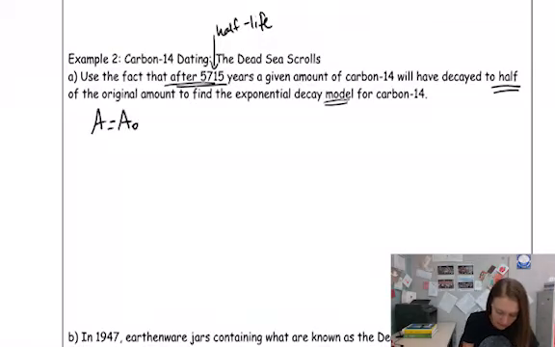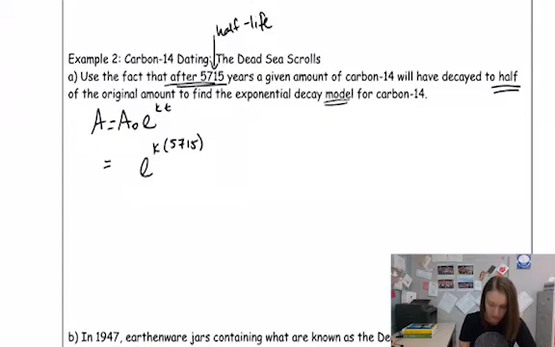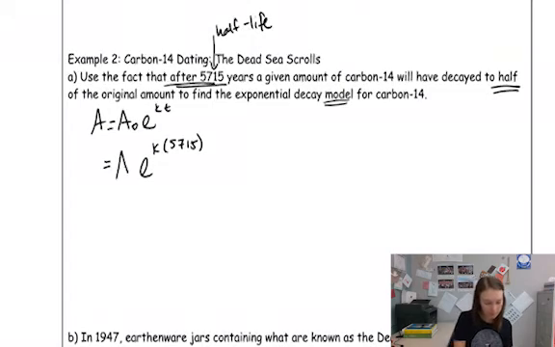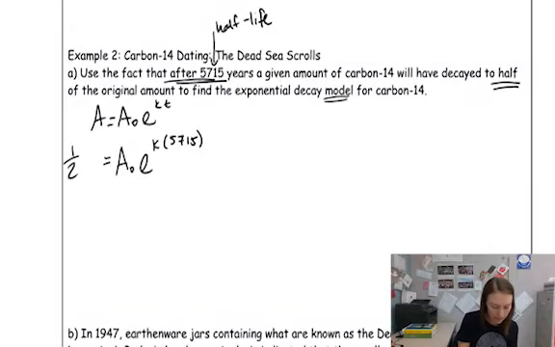So A equals A sub 0 e to the kt. Now, I don't know what it started with. I'm going to leave a blank for a second. So I have e to the k times 5715 years. And then I know that whatever I did start with, A sub 0, after that amount of time, what I'm going to end with is half of A sub 0, or A sub 0 divided by 2.